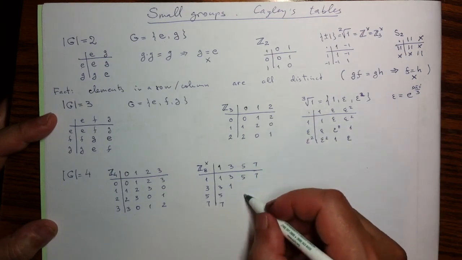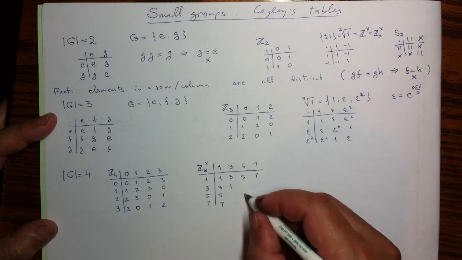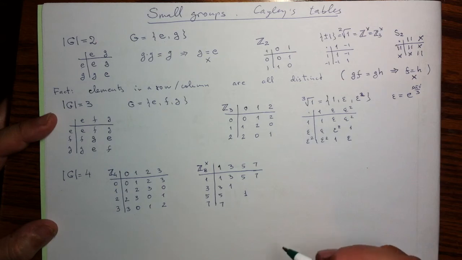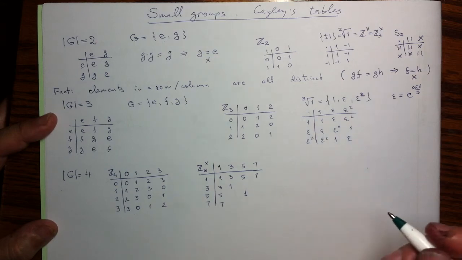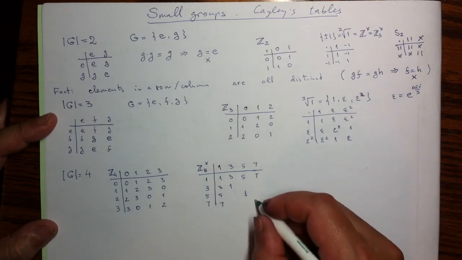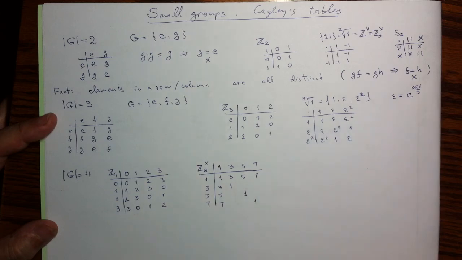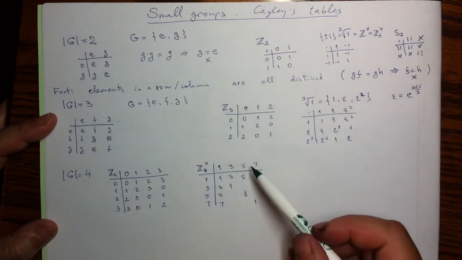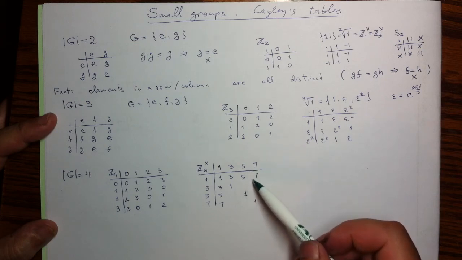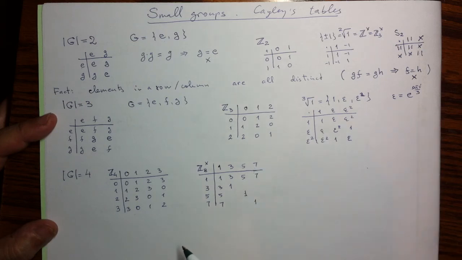And so is 5 squared, it is congruent to 1 because it is 25 and it is 1 plus 24. And so is 7 squared, which is 49, it is 48 plus 1. So here we have ones on the diagonal which are saying that the order of any element is 2 modulo 8, if it is not 1 itself.